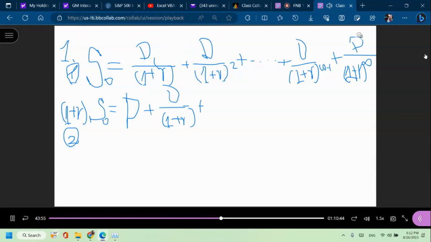And it keeps on going. And this one will become D over 1 plus R raised to infinity minus 2.